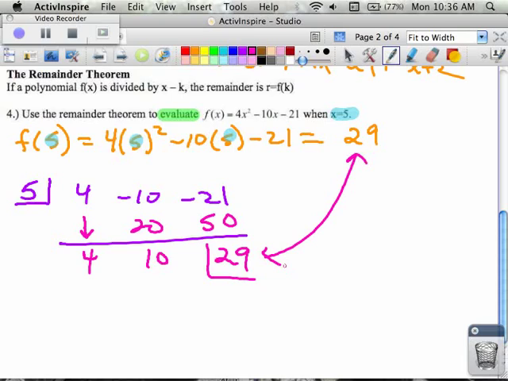You can either plug in the actual value of x to find out what the answer is, or the outcome, or the output, or the dependent part of this. Or you could look for the remainder. Either way. Notice how they also gave a second clue in here, just in case you weren't watching. They used the word remainder. Two clues.